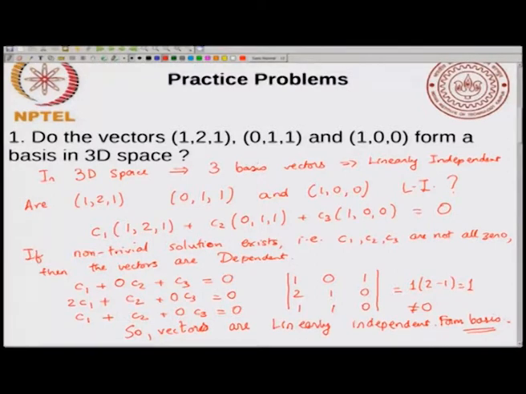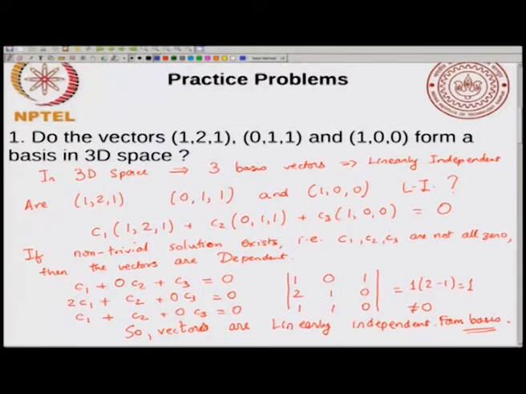And it is fairly straightforward to just look at the 3 vectors, and you can immediately see that they are linearly independent, because if you look at the second vector, it has no x component, whereas the third vector has an x component, and it has no y and z component, and the first vector has all 3 components.